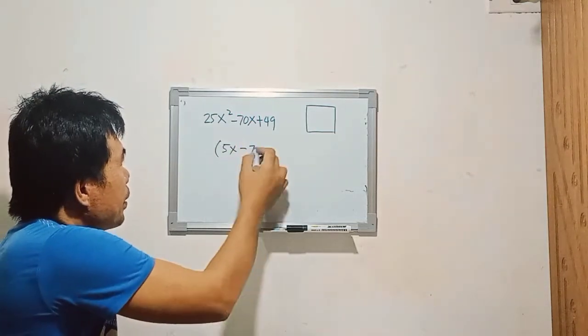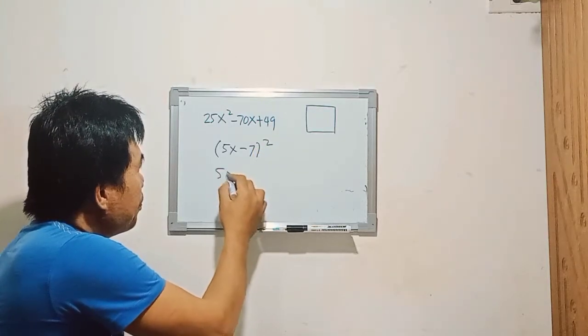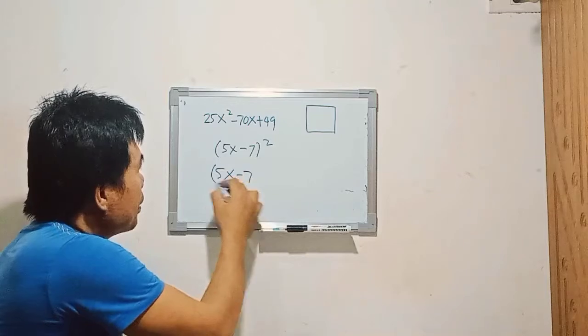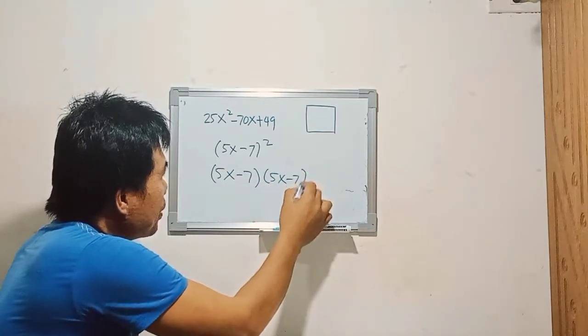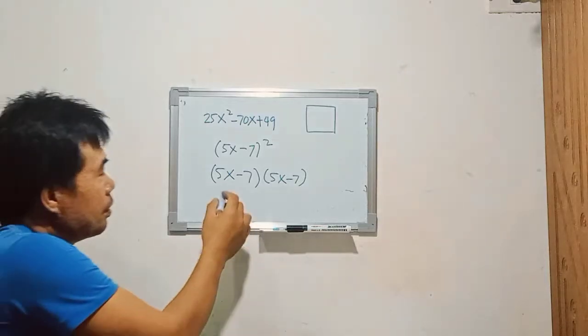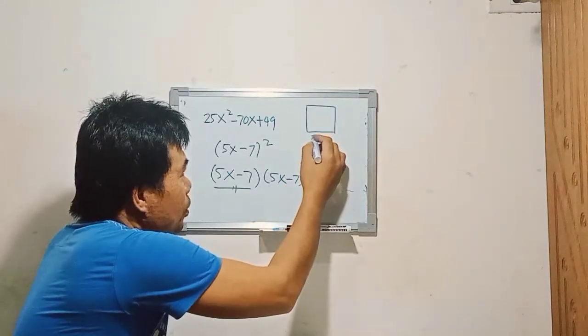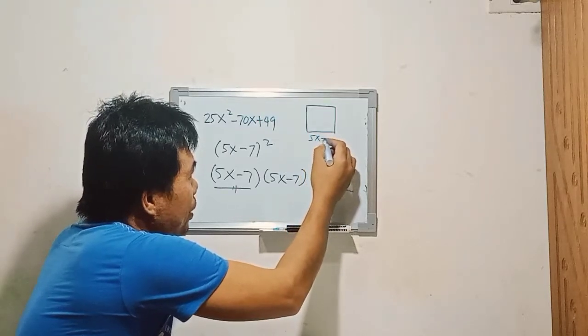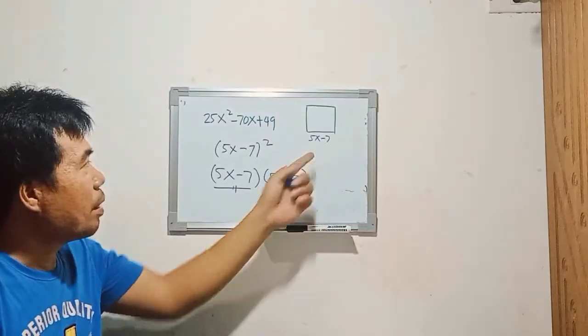So this can also be written as 5x minus 7 times 5x minus 7. Therefore, this expression is also the measurement of each side of the square. So this is our answer, 5x minus 7.